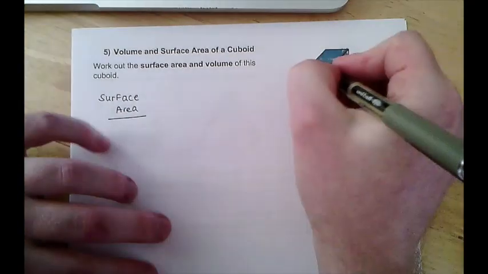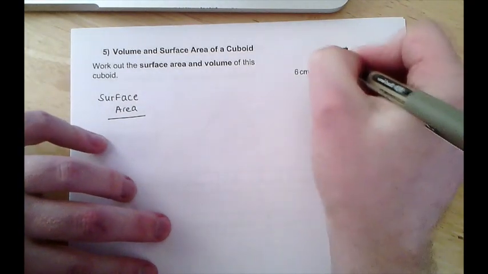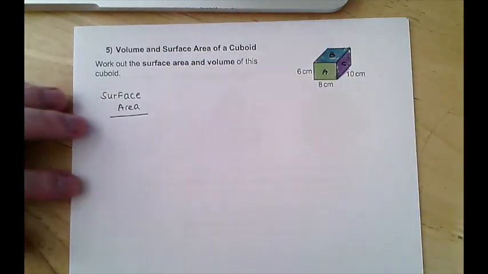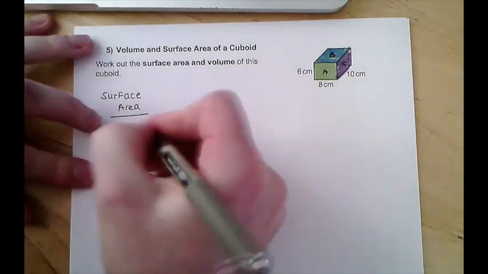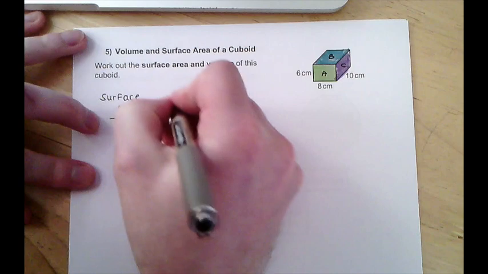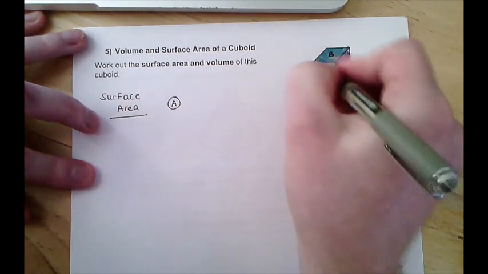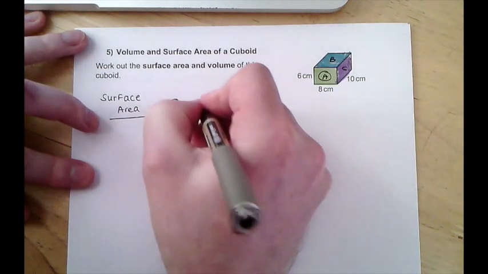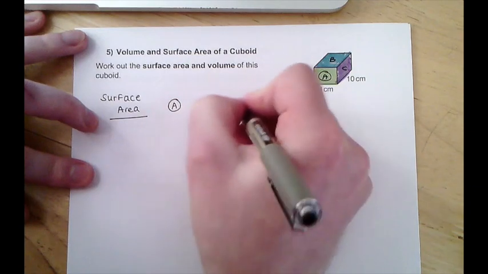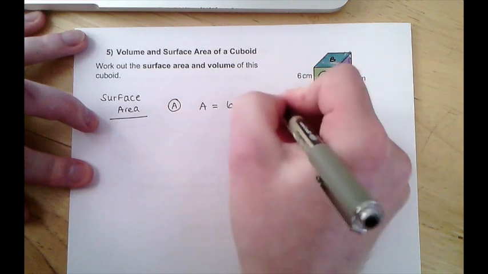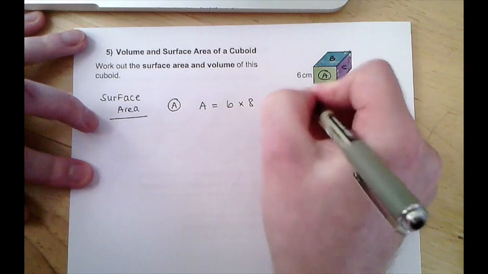So I'm just going to label these to make things easier, A, B and C. If we look at area A, that's going to have an area of 6 times 8, which is 48 centimetres squared.